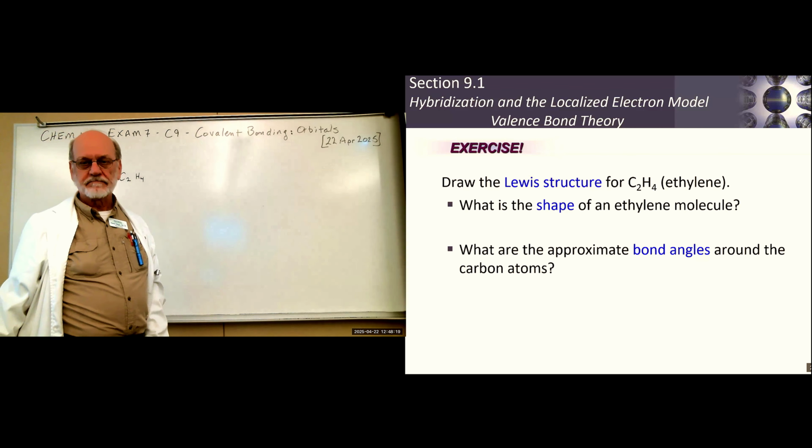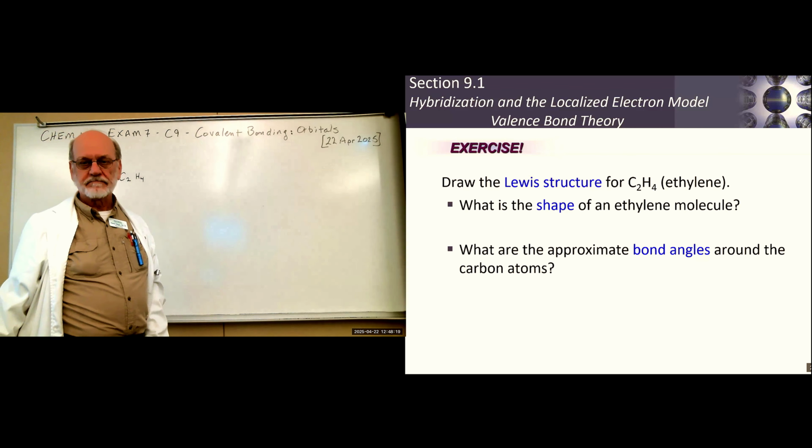Okay, so what's the shape of this molecule? Well, if we remember how organic molecules are written, let's do the valence first. 2 times 4 is 8, and then 4 more equals 12 electrons. And the carbons are bound to each other, and the hydrogens are bound to the carbons.